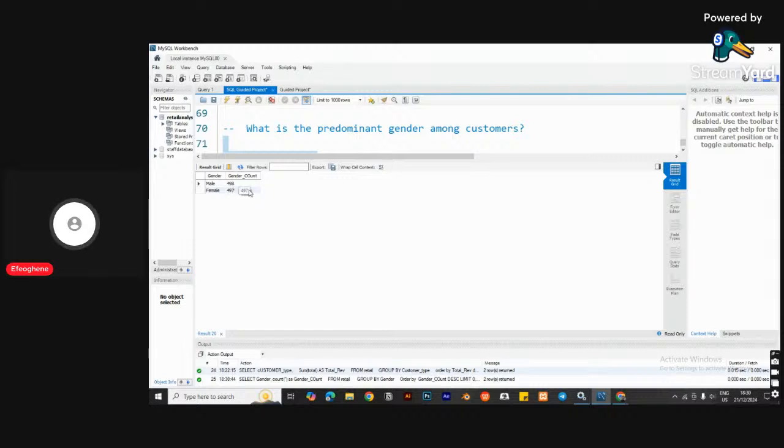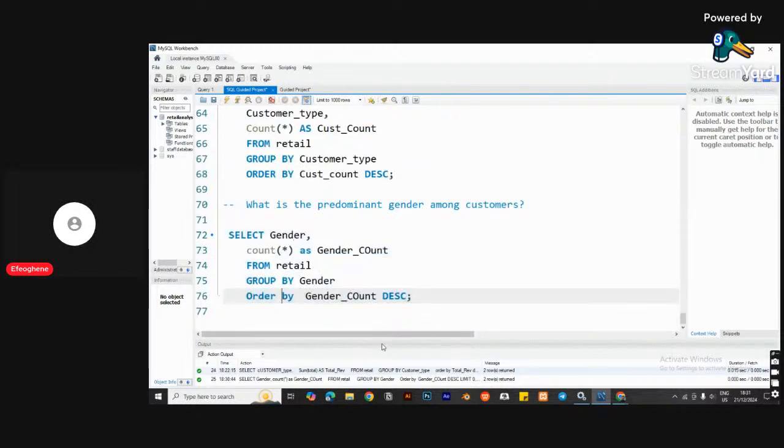we see the male. Wow, just by one count difference. So there's a tie. 498, this is 497.